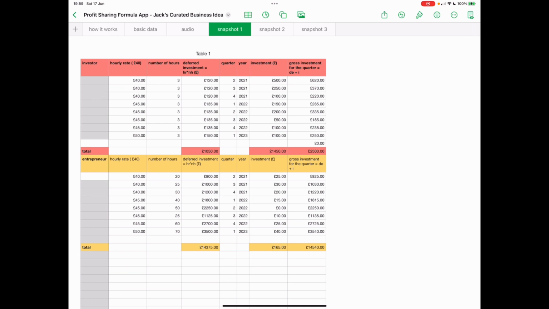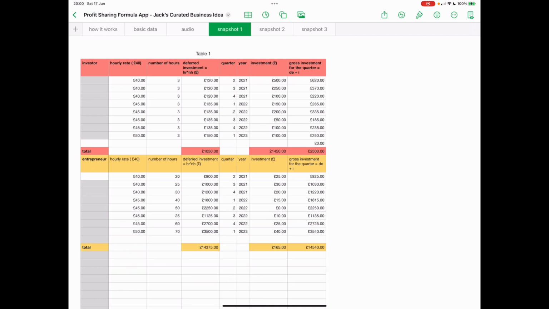Now let's look at the deferred investment. Basically, this is the multiplication of the hourly rate with the number of hours spent. For the investor, he spends 3 hours, and the initial hourly rate was £40.